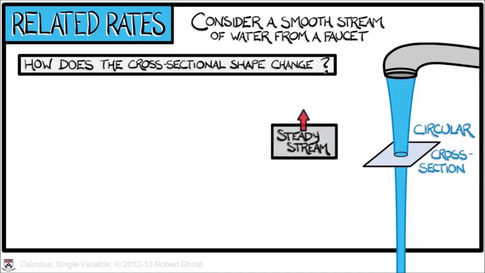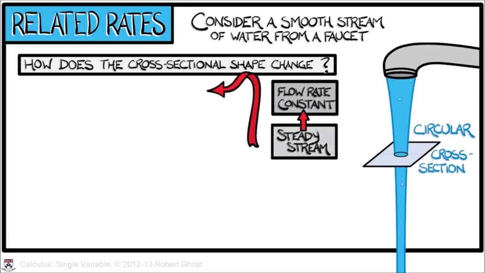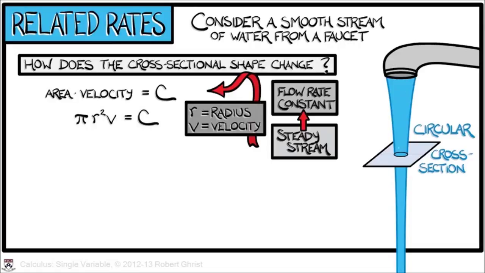We'll start from the assumption that we have a steady stream, which means that the flow rate through a cross-section must be constant. What is the flow rate? Well, that's the area times the velocity at that slice. If that's a constant, then we can write that equation as pi r squared v equals c, where r is the radius and v is the velocity.